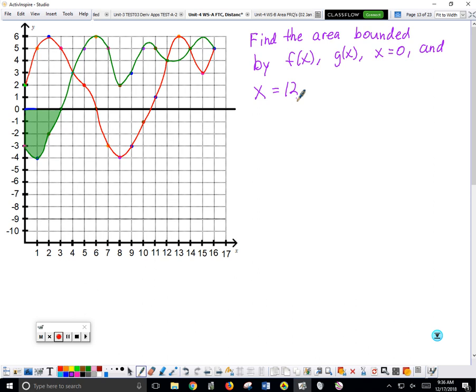Raise your hand if you can visualize what space I should highlight to match the written description. Read the instructions. Raise your hand if you can visualize what space I should highlight so I match the area they're asking me to find. Feel free to talk to each other.